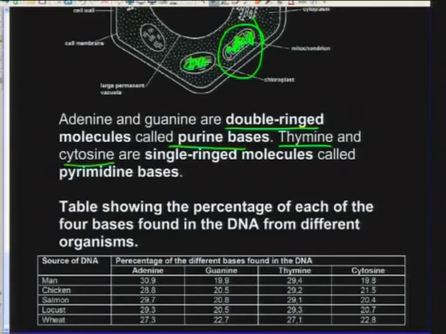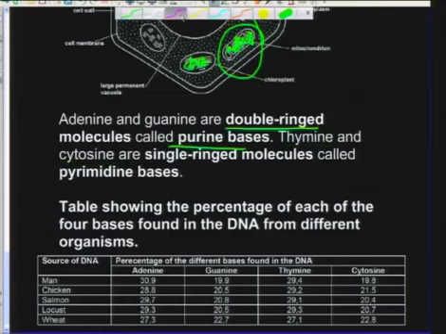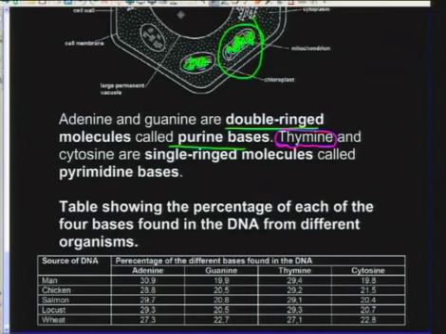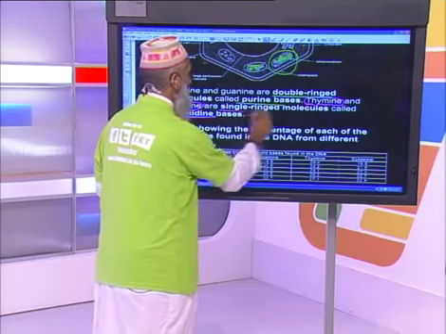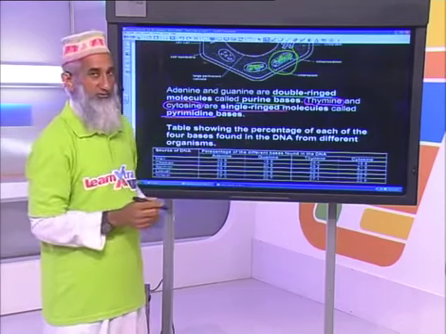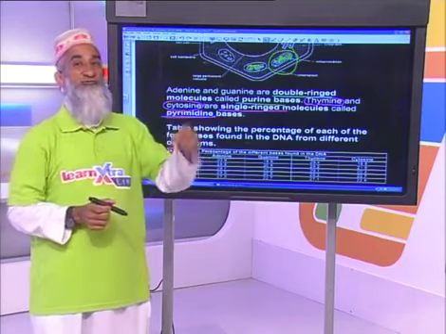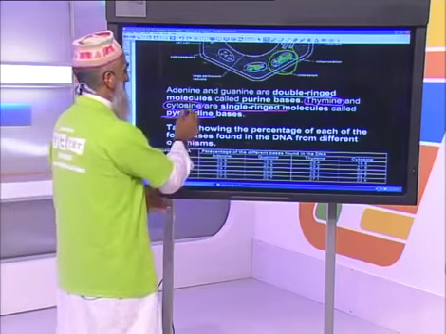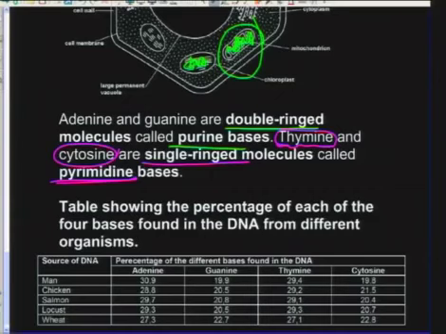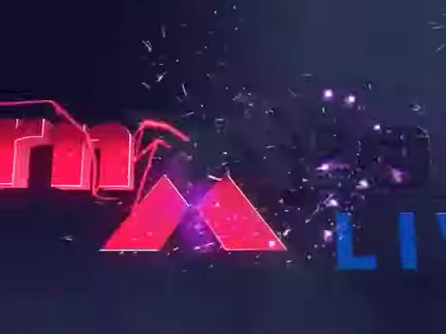Thymine and cytosine are pyrimidine bases, and they have single-ring molecules. The chemistry, you do not have to go into the details. Just you've got to know that cytosine and thymine are pyrimidines, and adenine and guanine are purines.